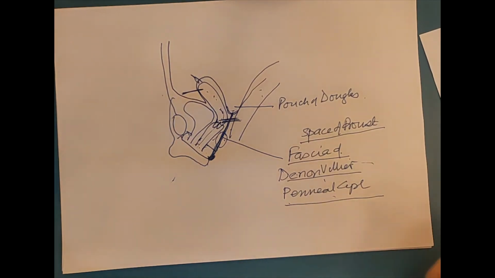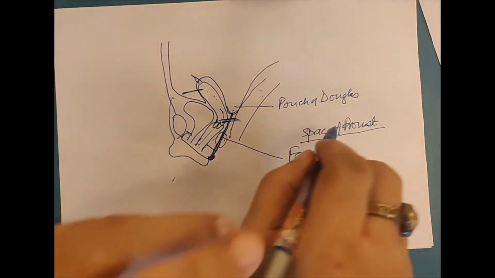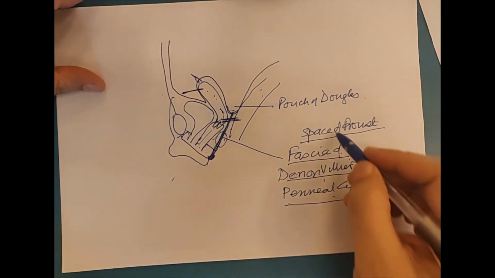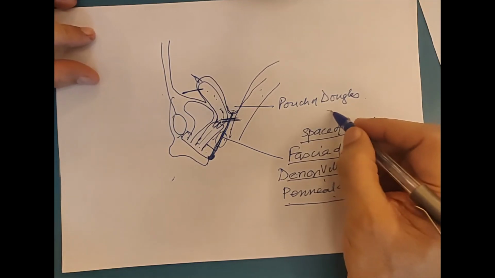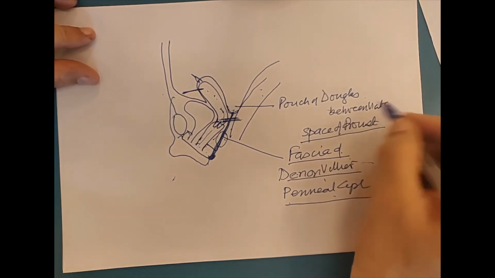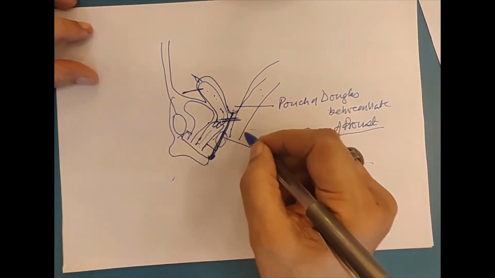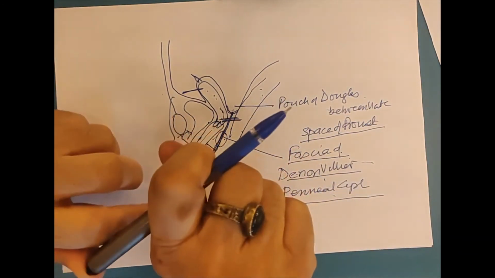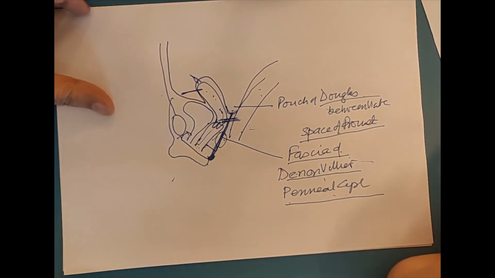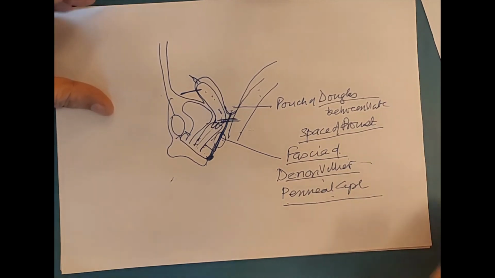Unless you make mistakes, unless there are questions that make you make mistakes, how can you distinguish between good and bad people? Okay, so this space of Proust is also called the space between water and winds, because bladder is water and rectum is winds. Okay, so you may have to remember pouch of Douglas, fascia of Denonvilliers, space of Proust, and all those.